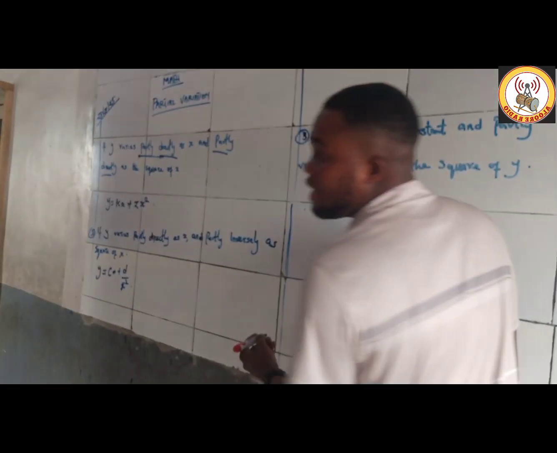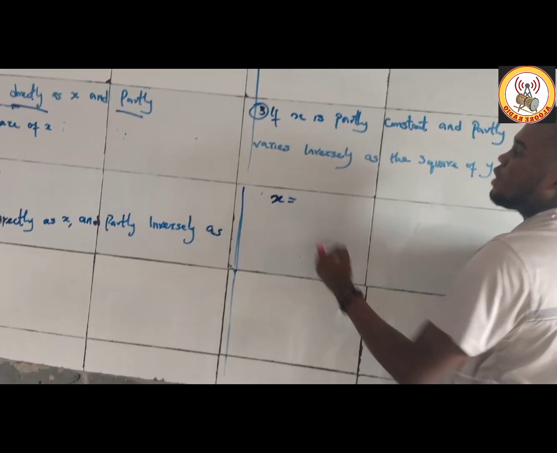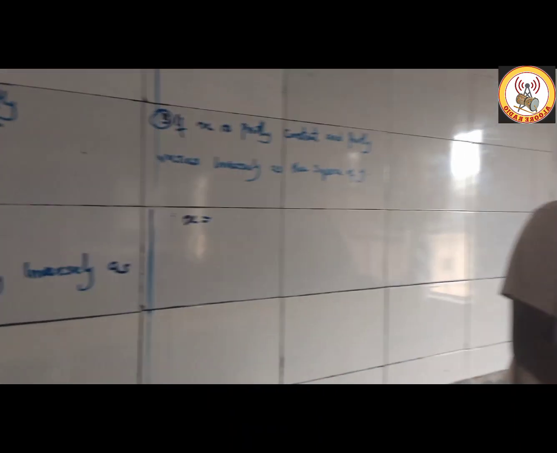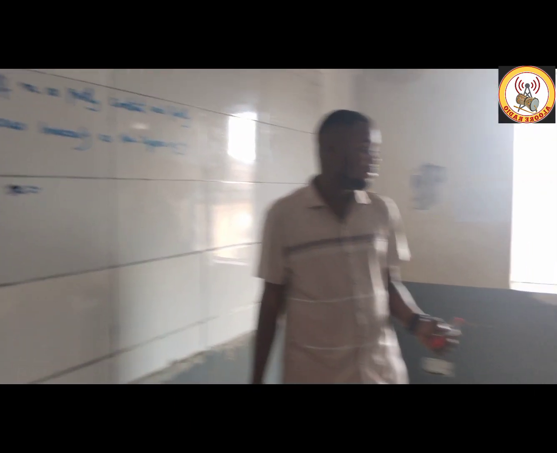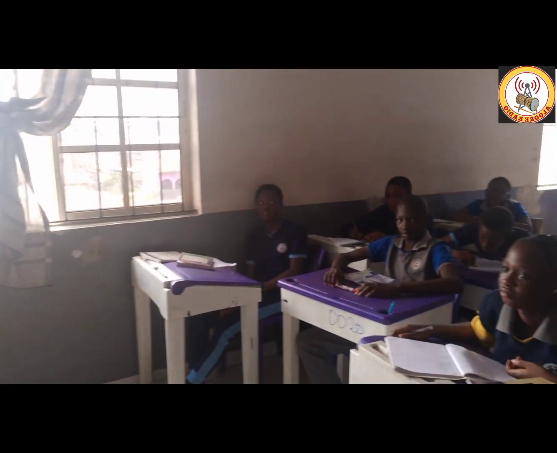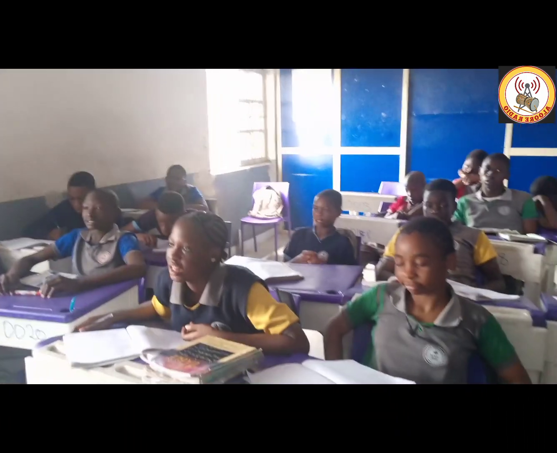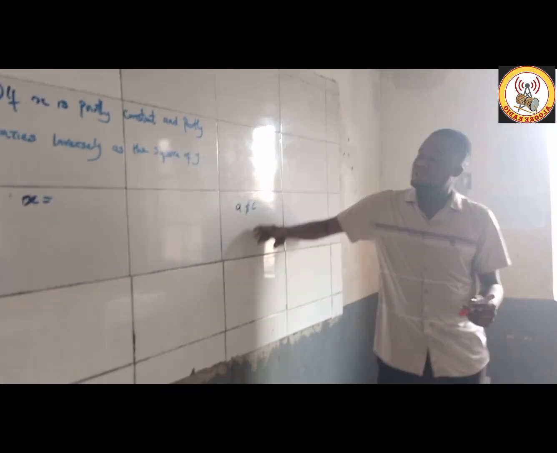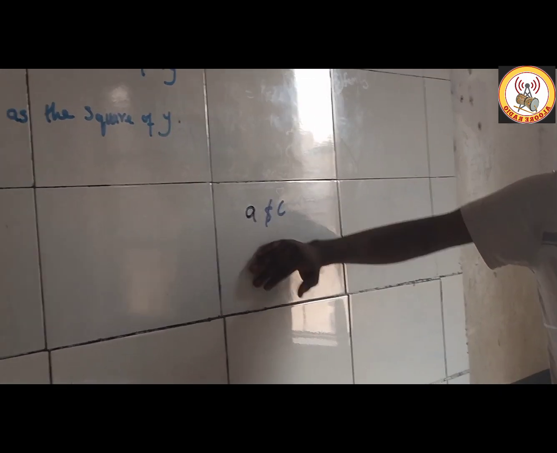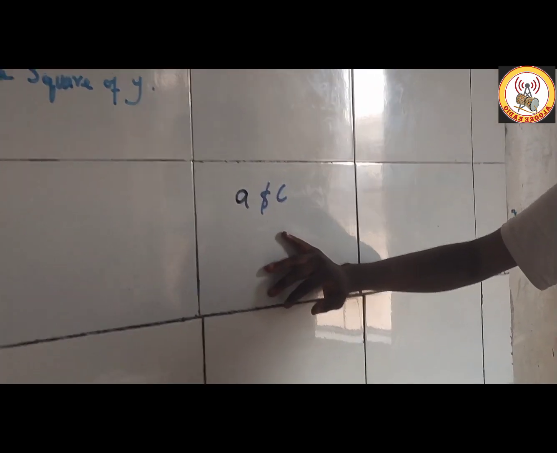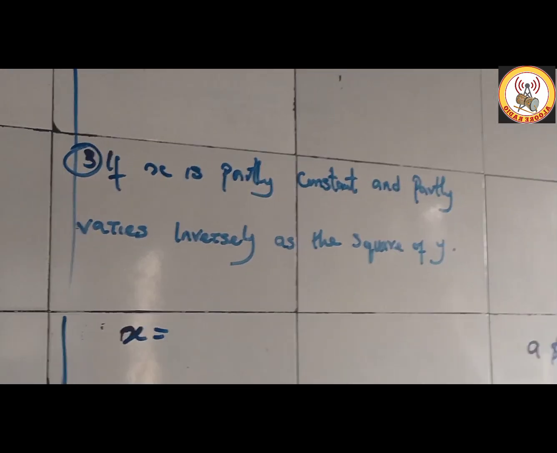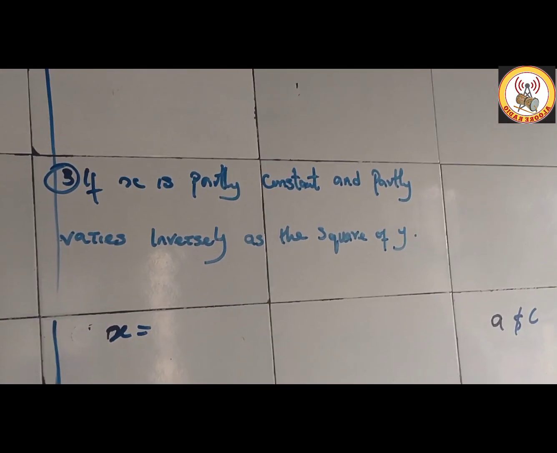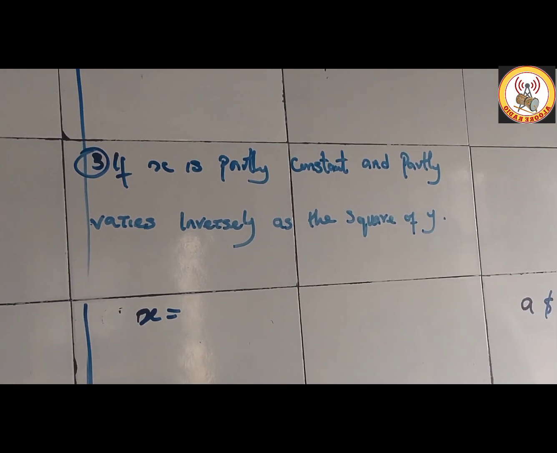So now we have the first one, X equals what? Let's choose our variable. I think we should use X. Let's use A and C. Our first constant is A, and our second constant is C. This is telling us that our X is partly constant.